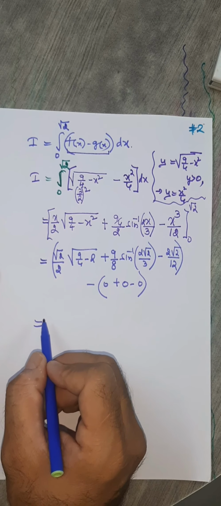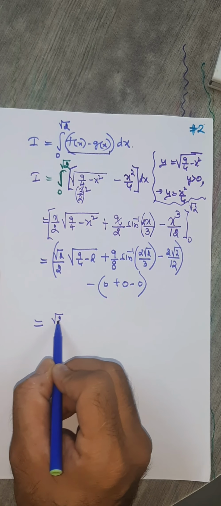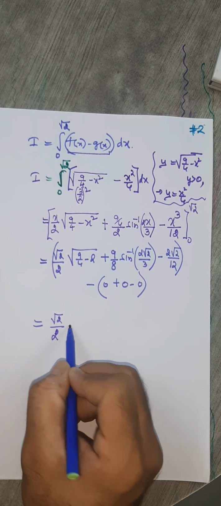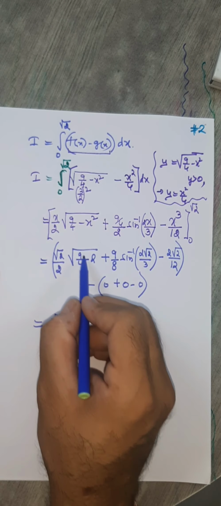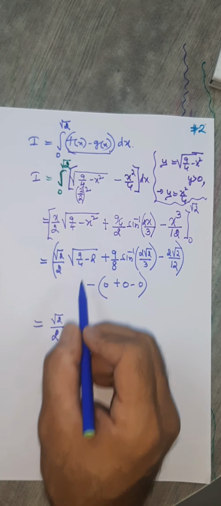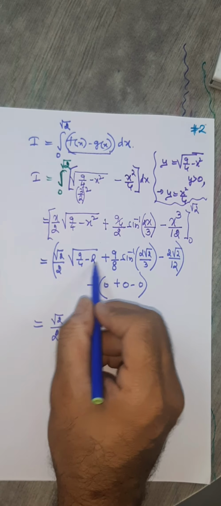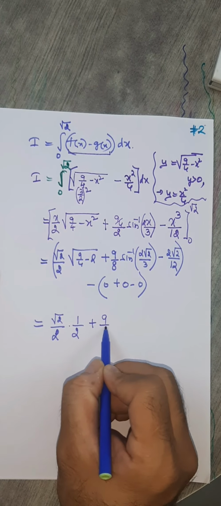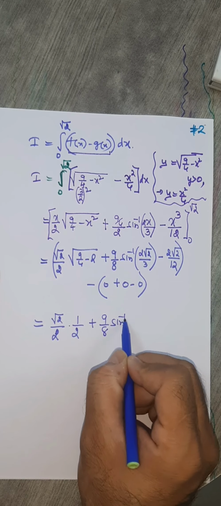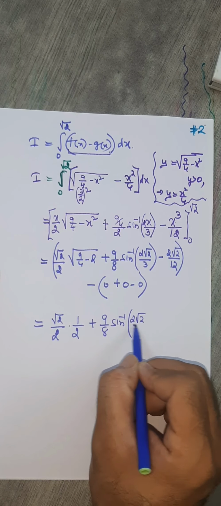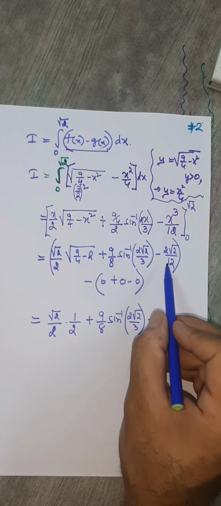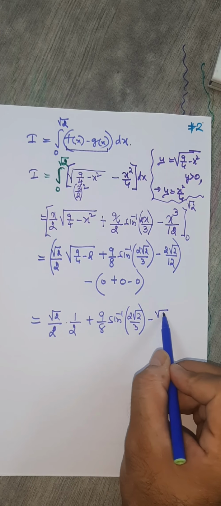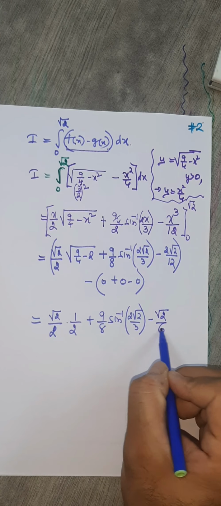So now the question is just simplification. Root 2 by 2 as it is. This is 8. So 1/2 here, because this is just 1/4. So 1/2, 9/8 sine inverse 2 root 2 by 3 as it is. What about this? This is root 2 by how much? 6.